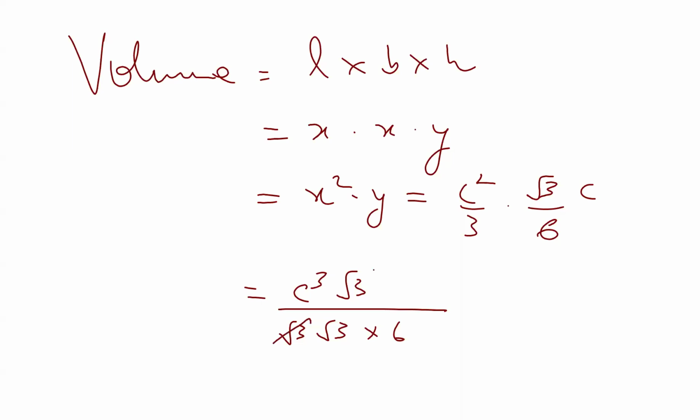So one of the root 3 will get cancelled. So this will be c cube by 6 root 3 cubic units. So that's the volume.